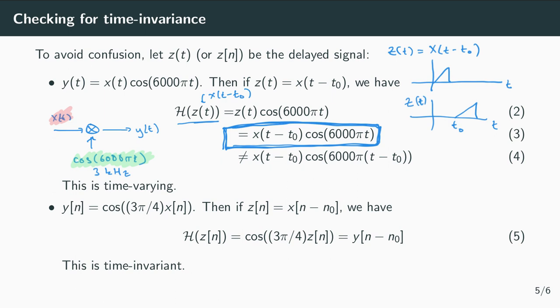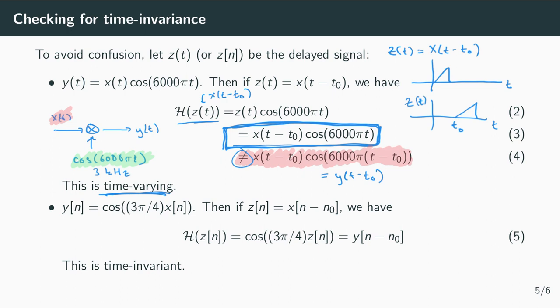So this overall thing is not equal to the overall delayed system, right? If I say y of t minus t naught, I'd have to also delay the cosine. So this thing is equal to y of t minus t naught, right?